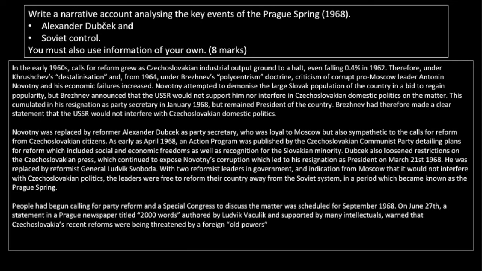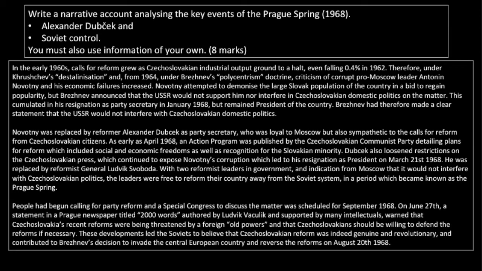On June 27th, a statement in a Prague newspaper titled 2,000 Words, authored by Ludvík Vaculík and supported by many intellectuals, warned that Czechoslovakia's recent reforms were being threatened by foreign powers, and that Czechoslovakians should be willing to defend the reforms if necessary. These developments led the Soviets to believe that Czechoslovakian reform was indeed genuine and revolutionary, and contributed to Brezhnev's decision to invade the Central European country and reverse the reforms on August 20, 1968.